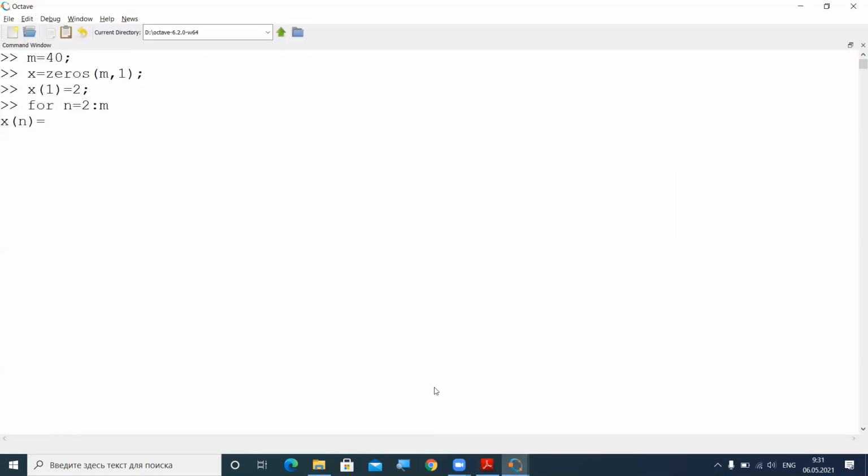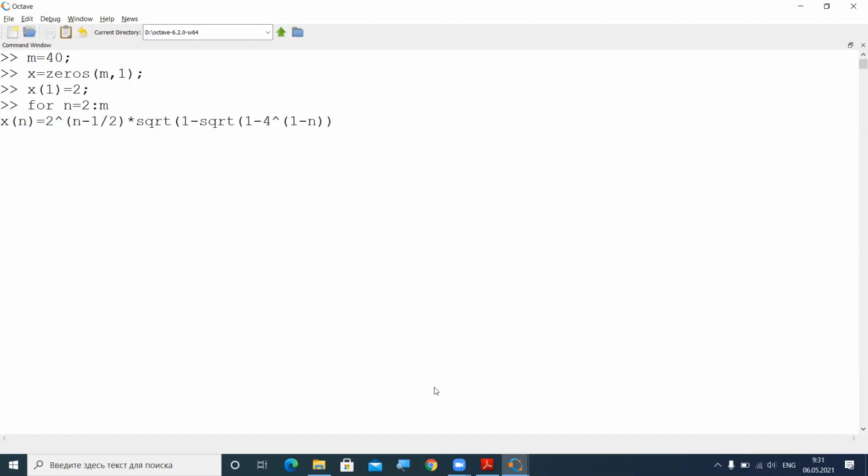So let me type it: 2 to the power n minus 1 over 2 times sqrt, and now 1 minus sqrt, 1 minus, it was 4 to the power of 1 minus n.